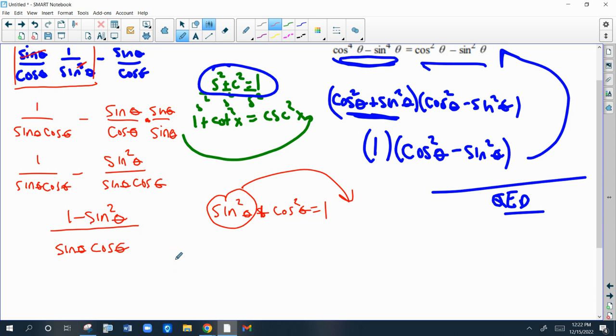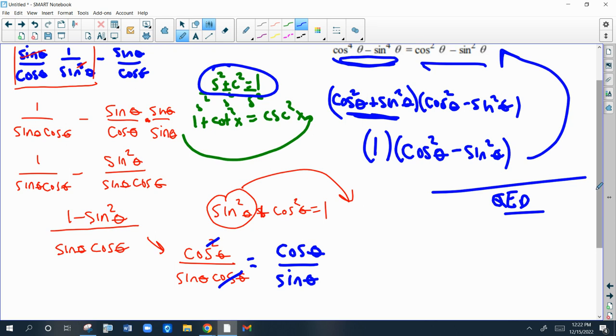So the next step would be to change the 1 minus sine squared to cosine squared. And this is all multiplication and division, so I can now freely cancel. So I'm going to cancel this cosine with one of those cosines. So that's cosine theta over sine theta. I've really simplified it. This is cotangent.